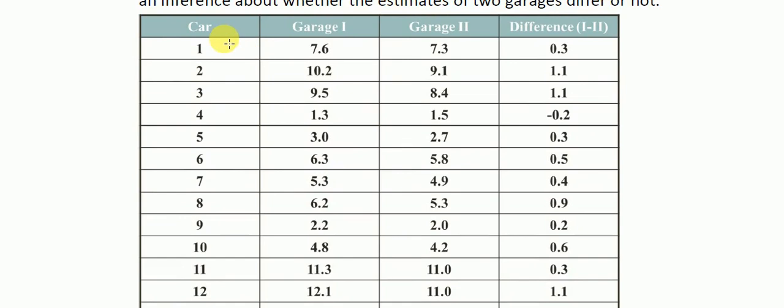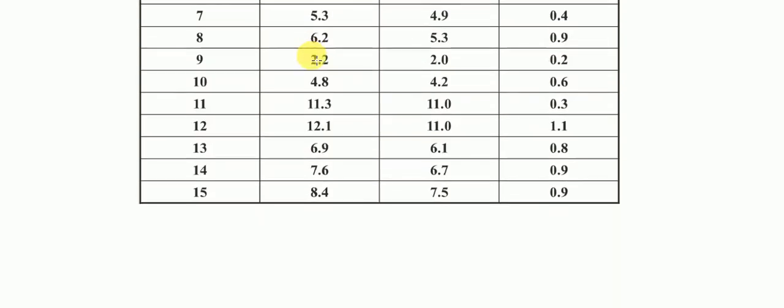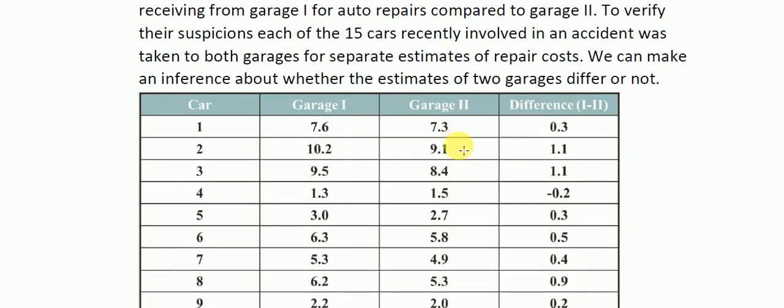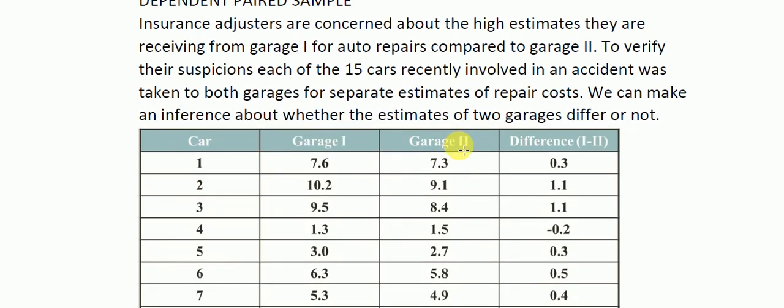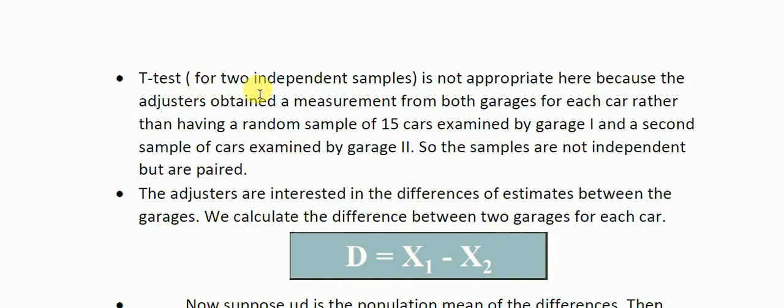So these are the 15 cars that we had. This is the repair cost at Garage 1, this is the repair cost at Garage 2, and this is their difference. Now, a t-test for two independent samples is not appropriate over here because the adjusters obtained a measurement from both garages for each car, rather than having a random sample of 15 cars examined by Garage 1 and a second sample of cars examined by Garage 2.